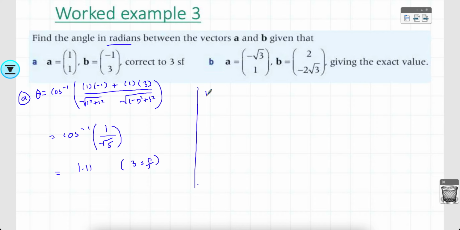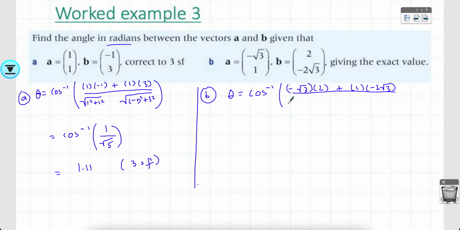Now for part B, same exact idea, it's just that it's a non-calculator type question. So I am multiplying the components at the top, root 3 and 2, and 1 and minus 2 root 3.